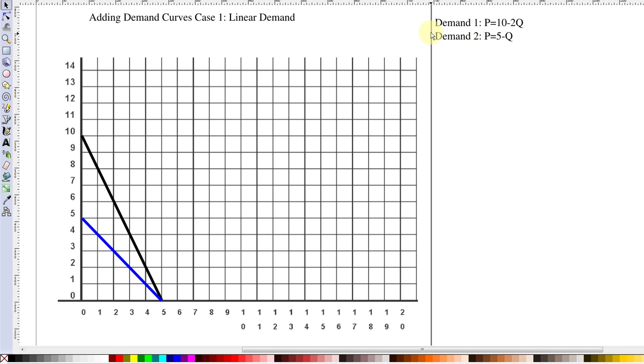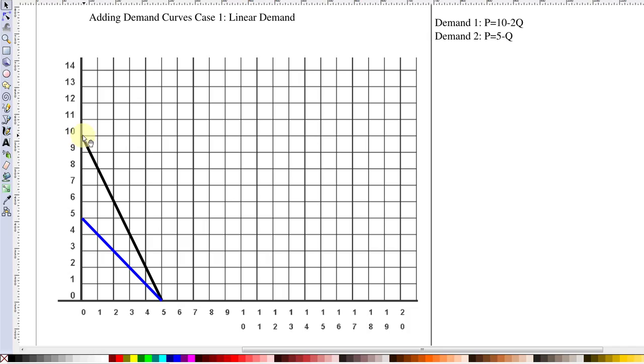Looking at the inverse demand curve 2, the blue one, at any price above 5, 0 will be demanded. So we call the price 5 here a choke price because at a price of 5, 0 will be demanded by the blue group. But the first demand group will have a choke price of 10.